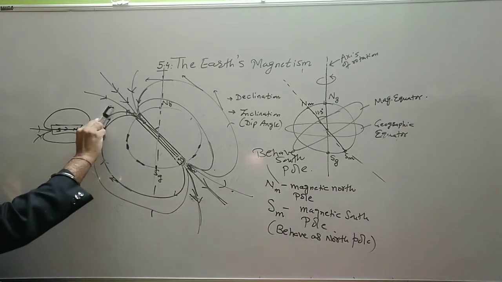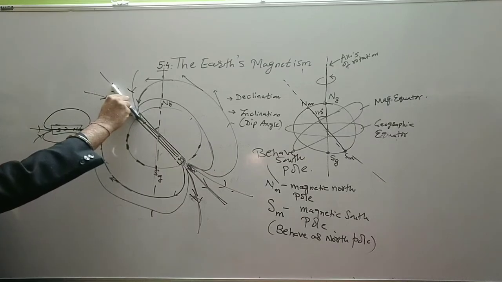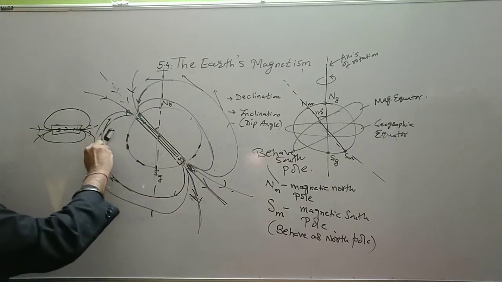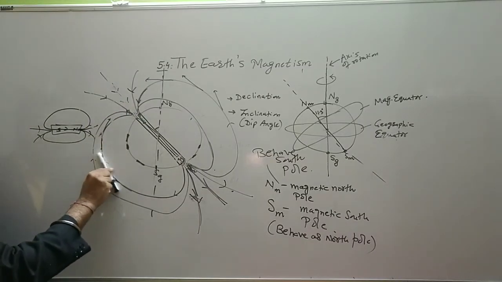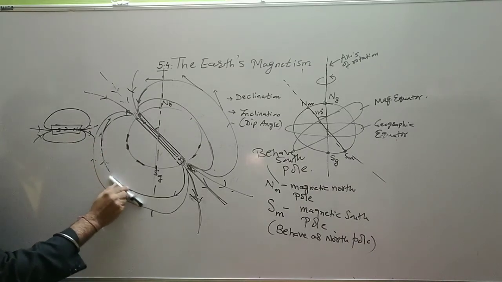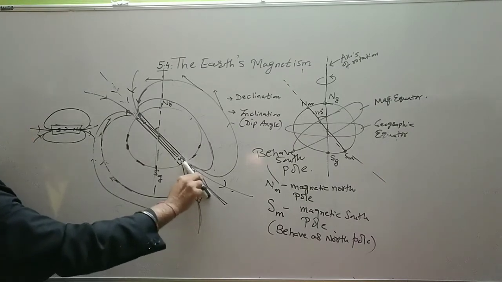Then it will keep on bending and finally like this. So the magnetic field lines will change. And if you move to this side, the magnetic north, the north of the needle will start rotating, and then south, it will go like that.